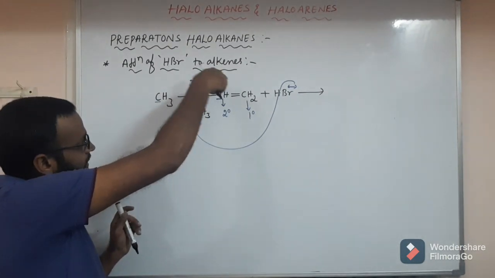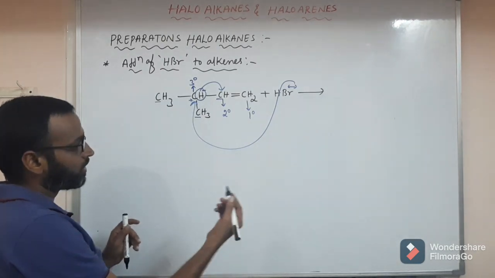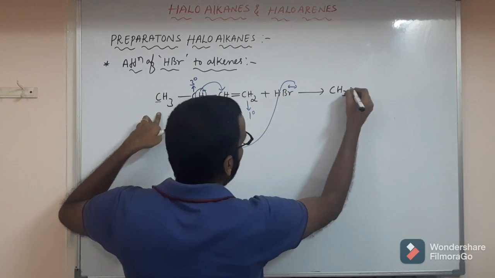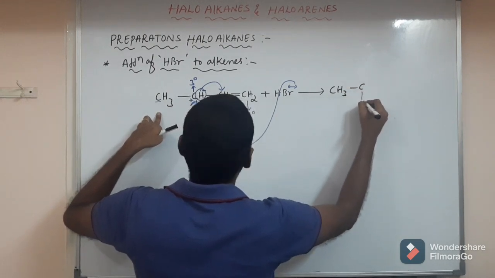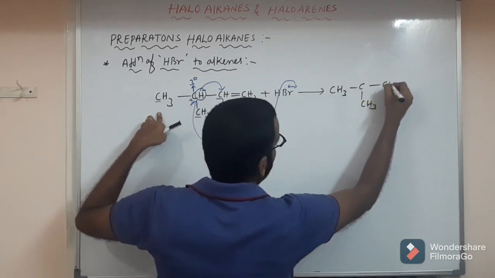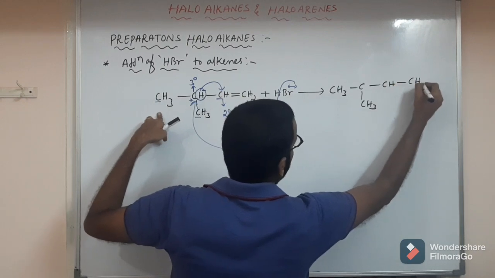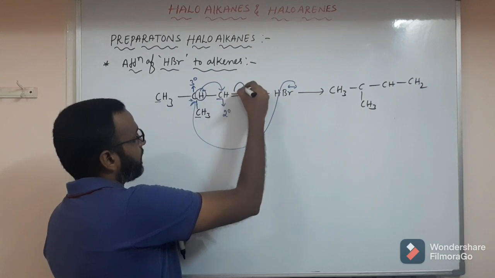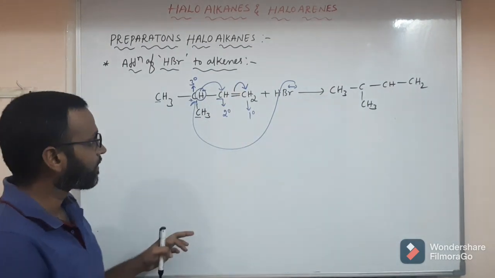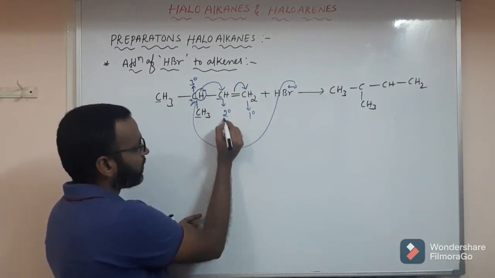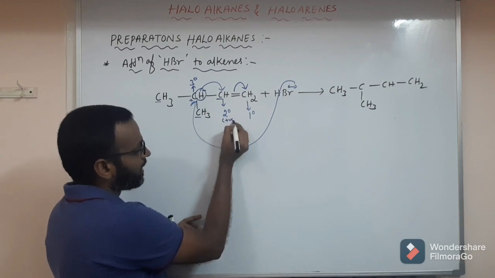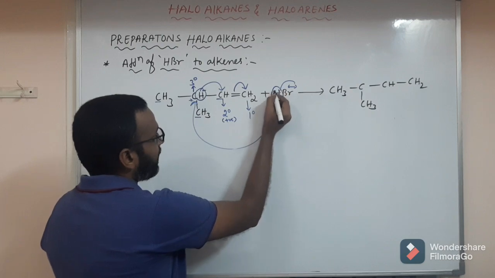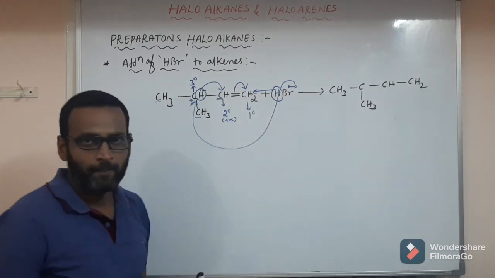So this hydride will migrate over there. What you have now as the product is this particular CH3 and C, and here you have a methyl, and here CH and single bond CH2. See what I am writing. First this will migrate like this, so that you have a secondary carbocation first, and this hydrogen will add on this particular carbon.